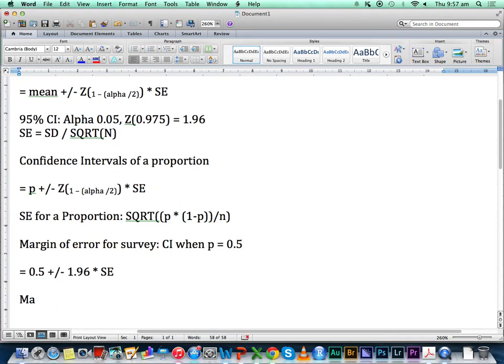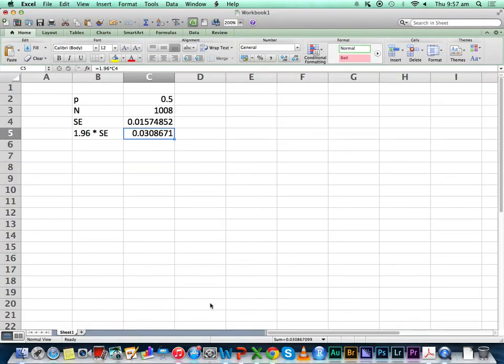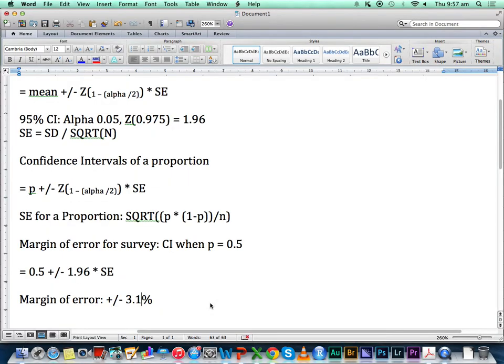And now you know that the margin of error is plus or minus 3.1%, or if you like some precision.